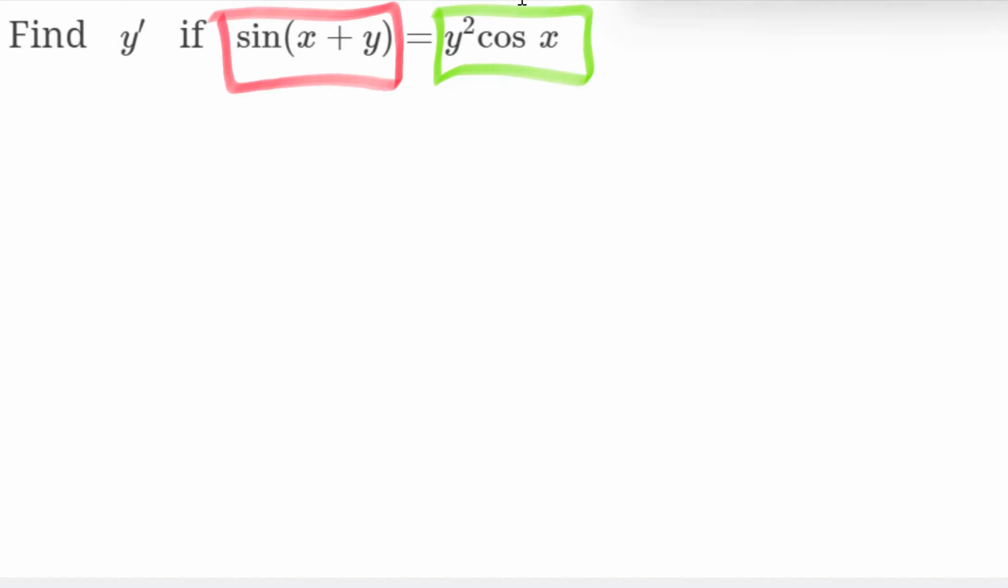The green side's pretty easy because that's just a product rule. So let's look at that one side first, and then we'll deal with the other side, which actually is really easy, but most people are screwing with the x plus y.